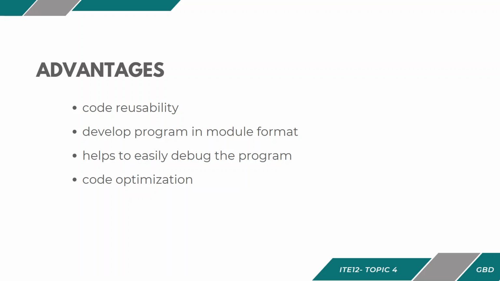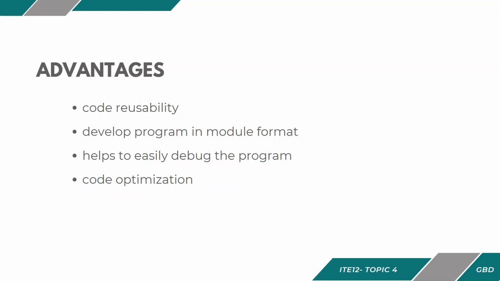We just have to call the name of the function to perform its ability. We can call functions any number of times in a program and from any place in a program, whether outside our main function or within the function itself. We can do that too.